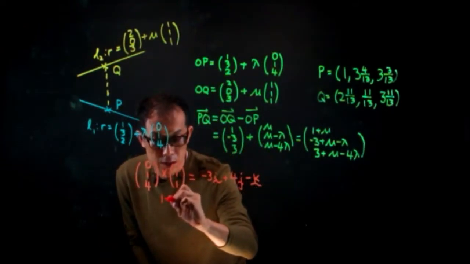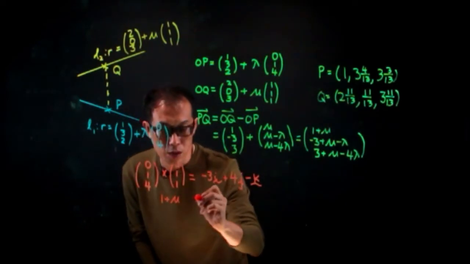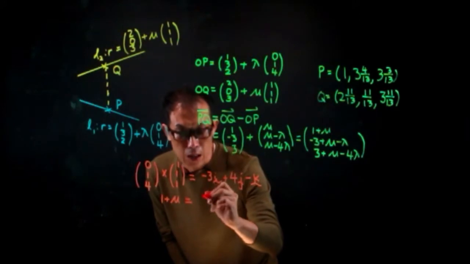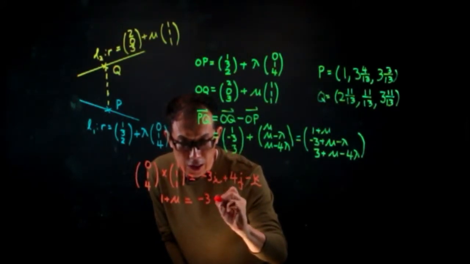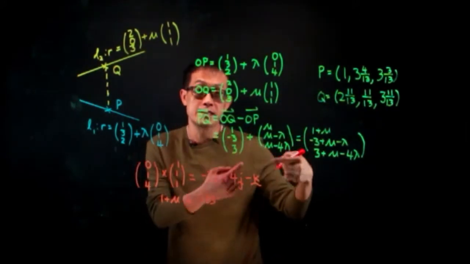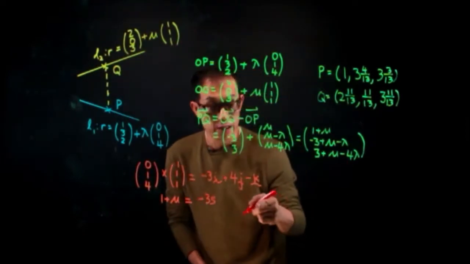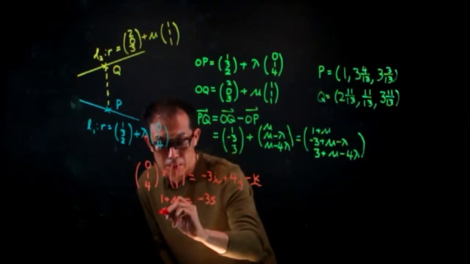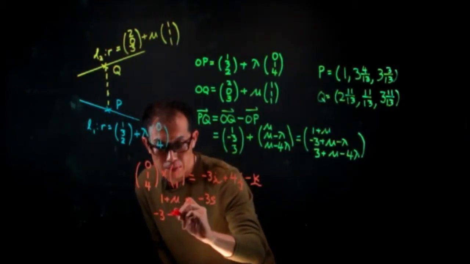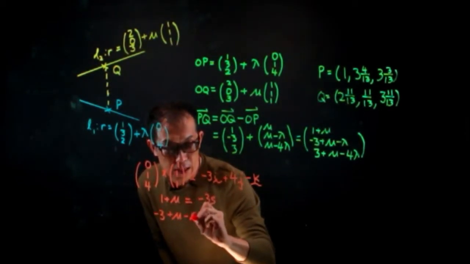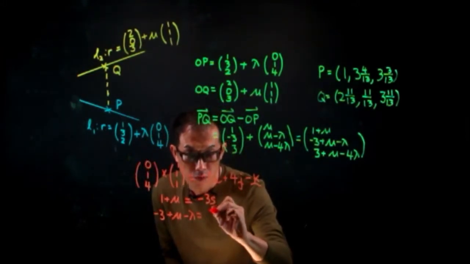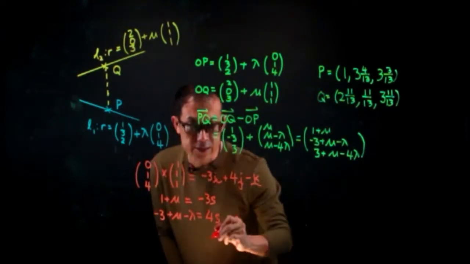So I have 1 plus mu must be equals to minus 3s. Alright, let's say s is a scalar quantity. Then minus 3 plus mu minus lambda will be equals to 4s.